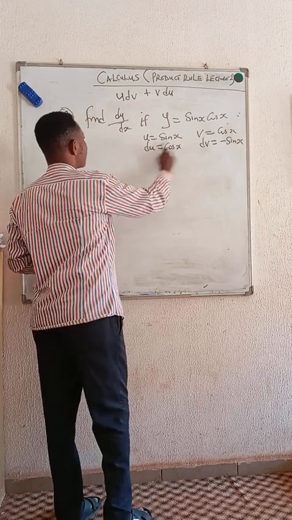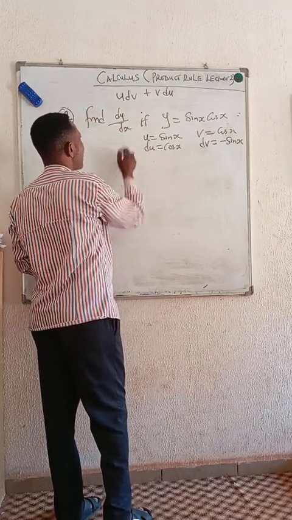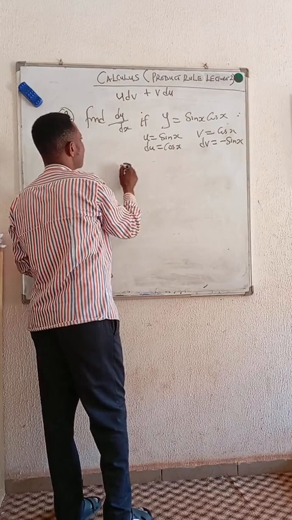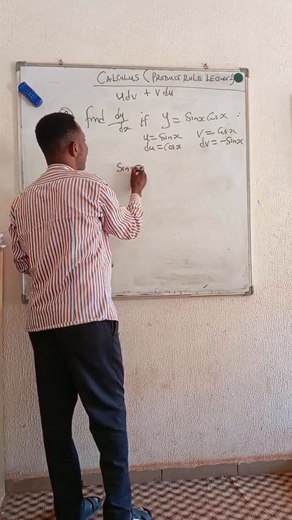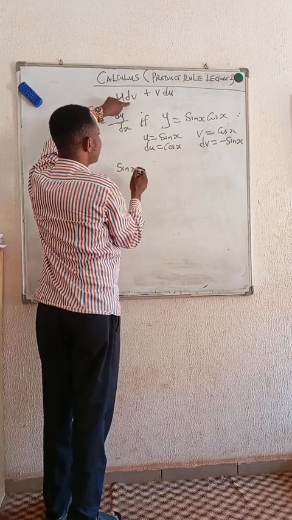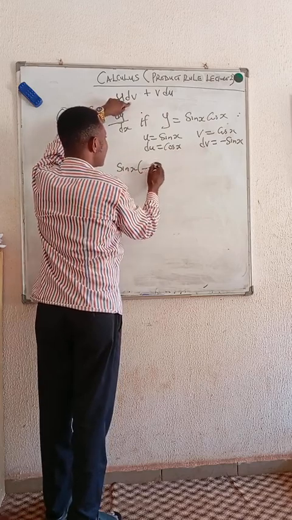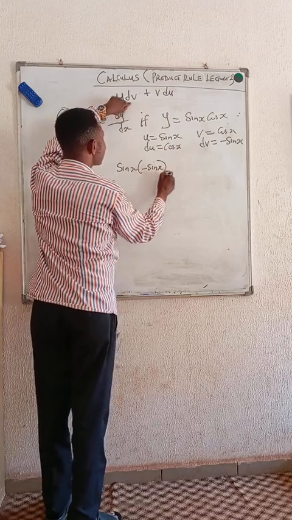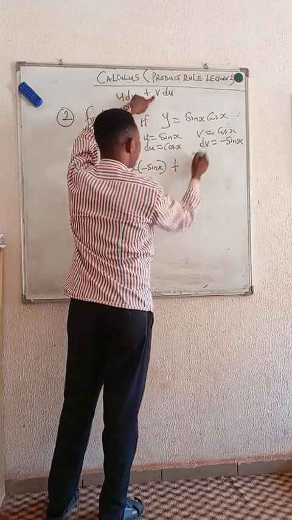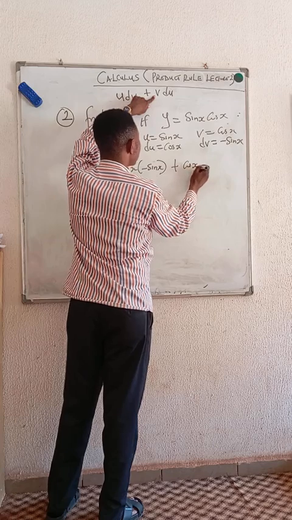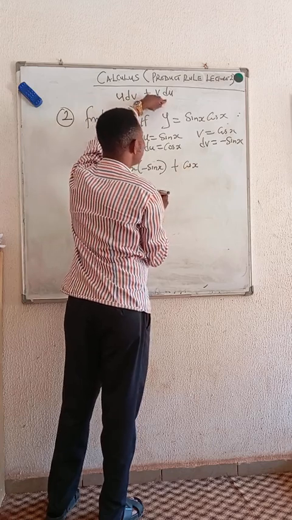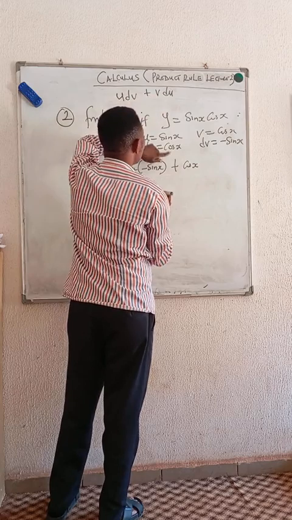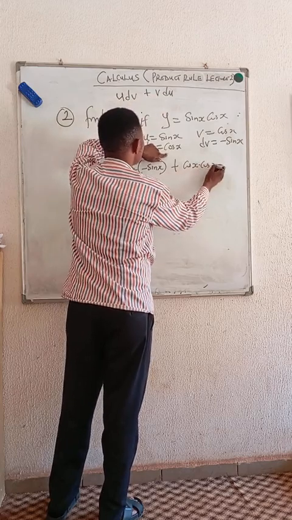So let's substitute this into the formula, which is u dv plus v du. My u is sine x. Then the dv is minus sine x, plus v, which is cos x, multiplied by du. And what is du? Cos x.